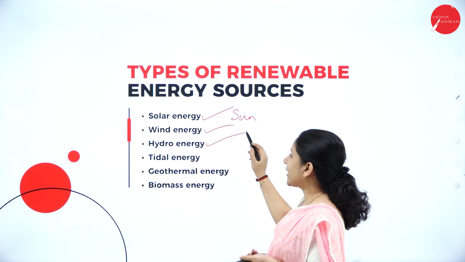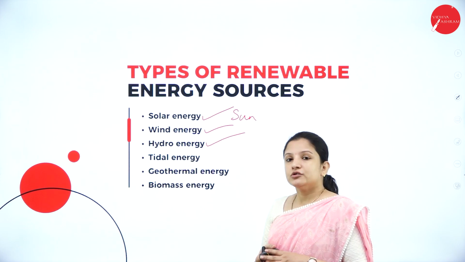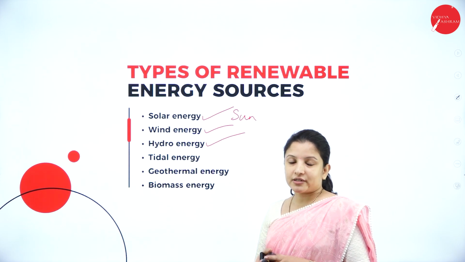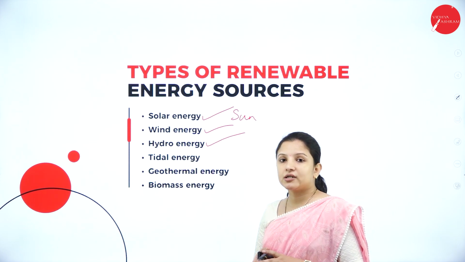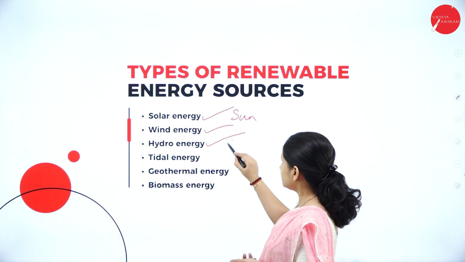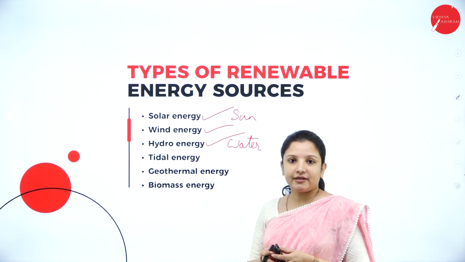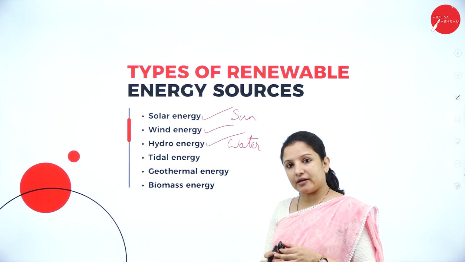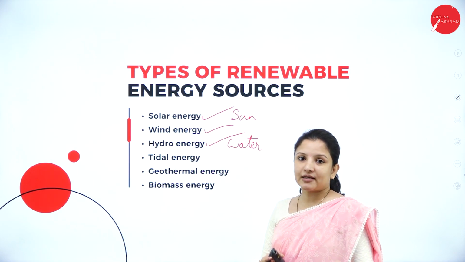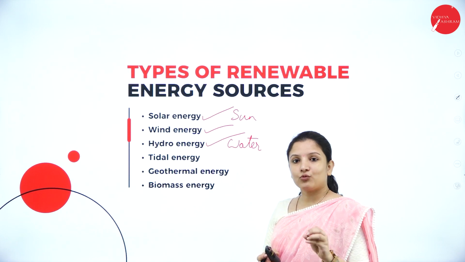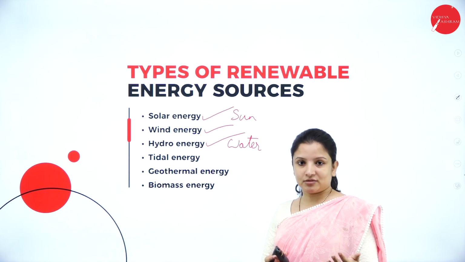Next, talking about hydro energy, that is water. Electricity is produced from water; hydro energy is energy derived from water. Water also will never get exhausted. It will be there up till when? Until the planet is there. So we can't say that water can become exhausted.